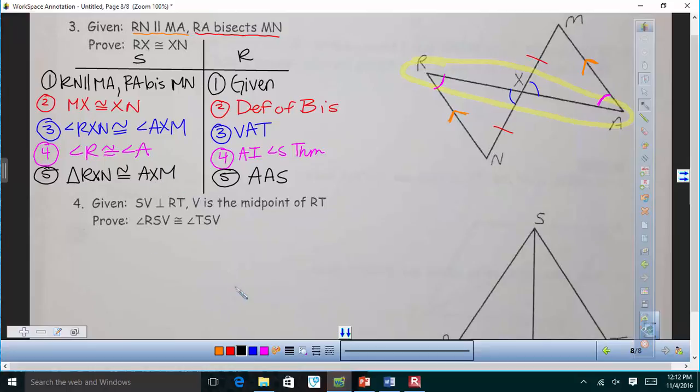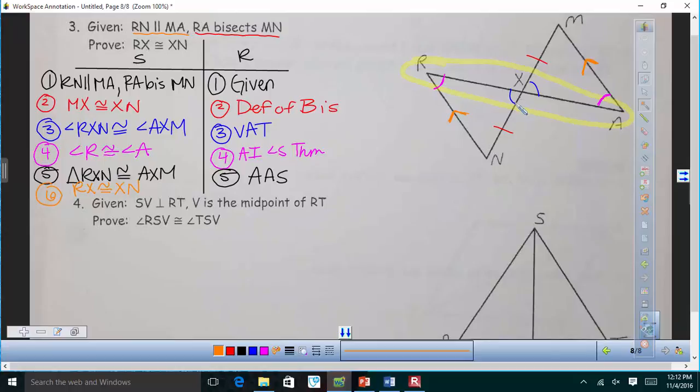Okay? So did we do our proof yet? No, that's the only thing we're missing. So we've got to do our proof. And that is RX is congruent to XN. So if these triangles are congruent, which we already proved, doesn't that mean their corresponding parts are congruent? Yes.